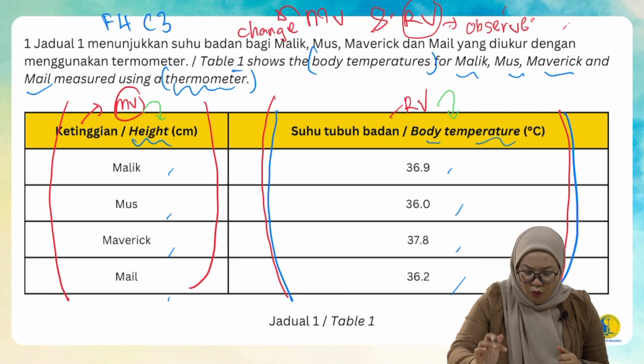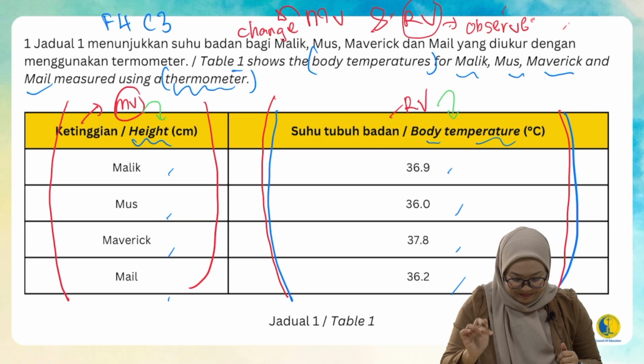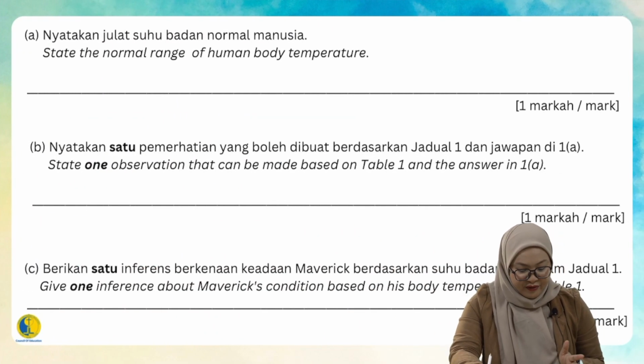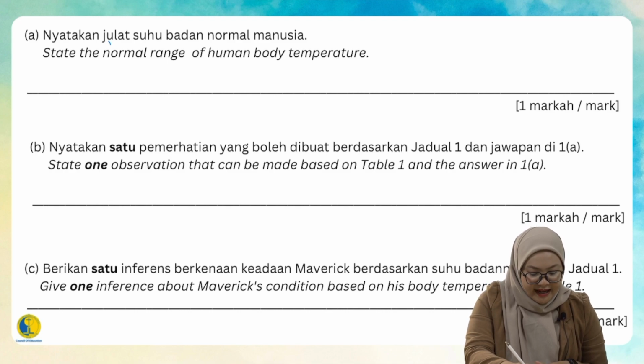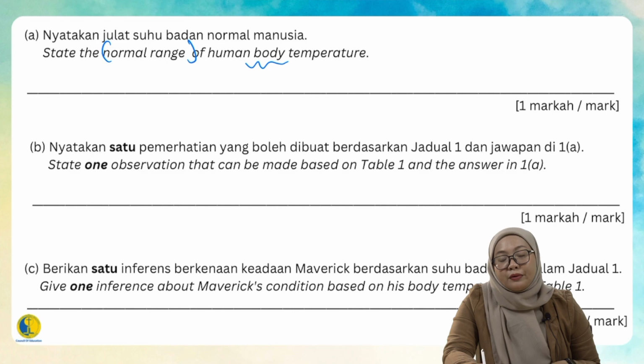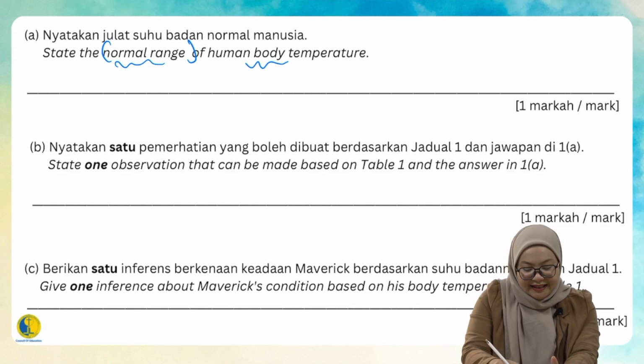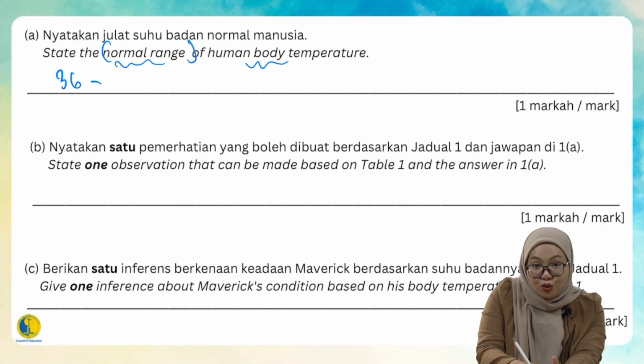Okay, so now let's see the question. The first question: state the normal range of human body temperature. This is a theoretical question. If you see normal range of human body temperature, 36 to 38?